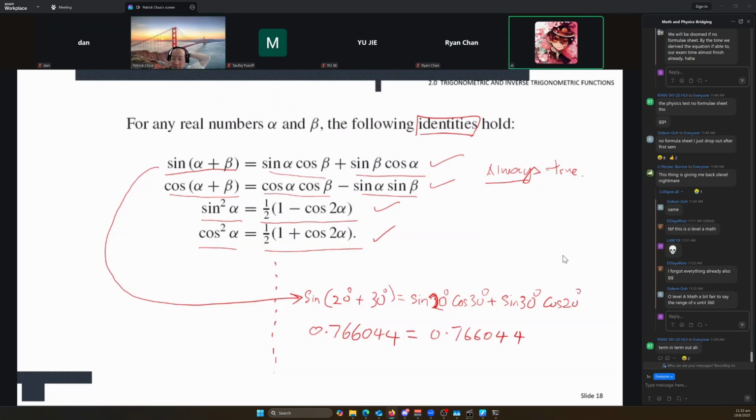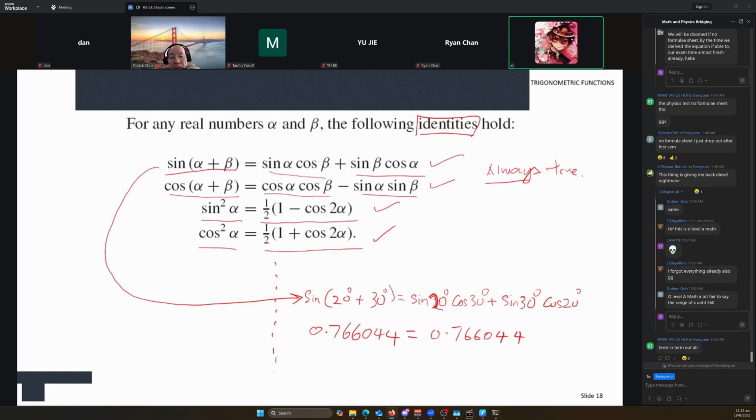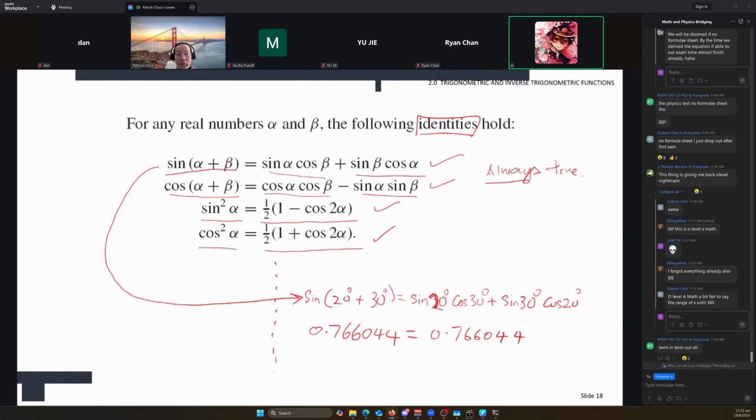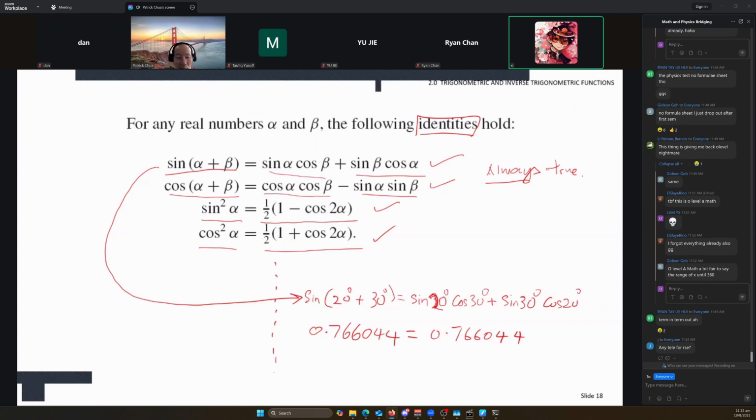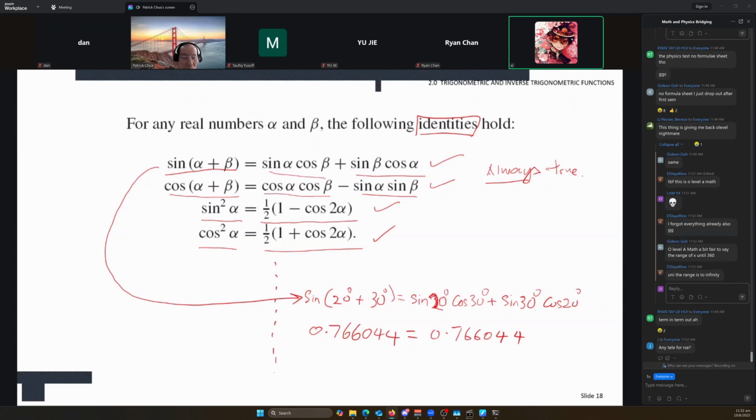Hi, Prof. I wanted to ask about slide 13, where n is equal to 0, 1, 2, 3. Why wouldn't n go backwards, like -1, -2, -3?